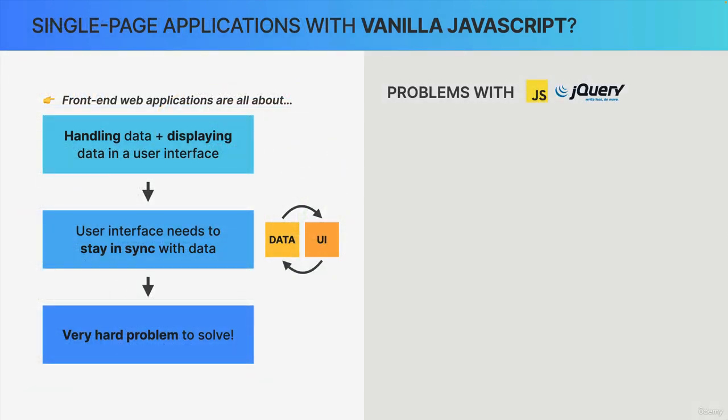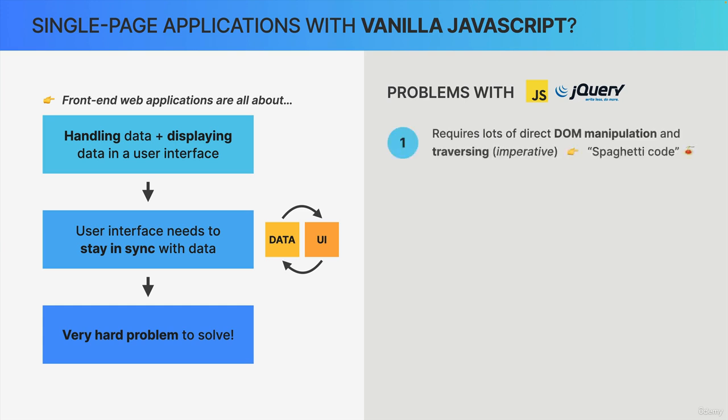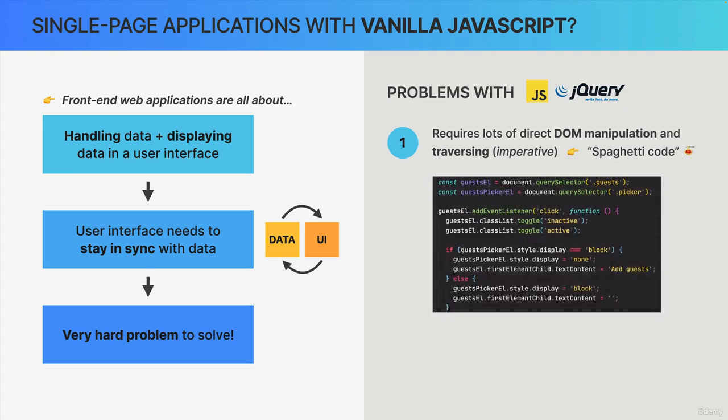Well, it comes down to two big aspects. The first is that building a complex frontend with vanilla JavaScript alone requires large amounts of direct DOM traversing and manipulation. Like in this code right here, where we have manual element selection, class toggling, DOM traversing, and even manipulation of text and CSS styles.